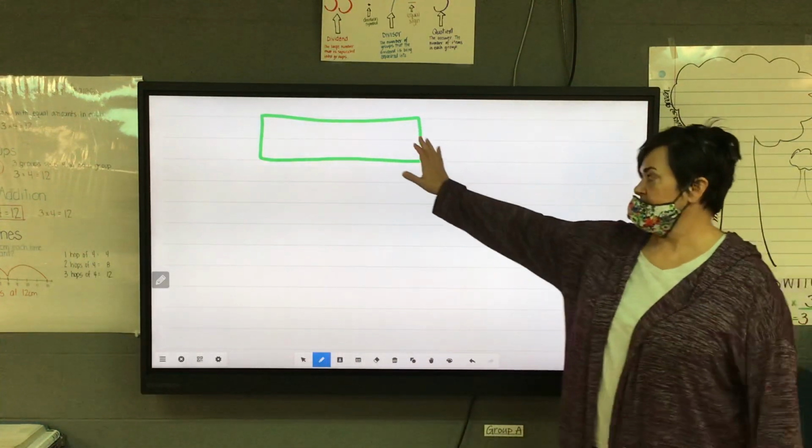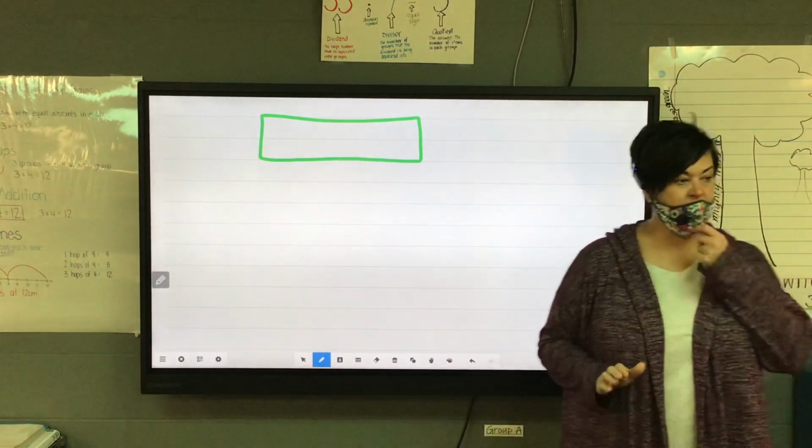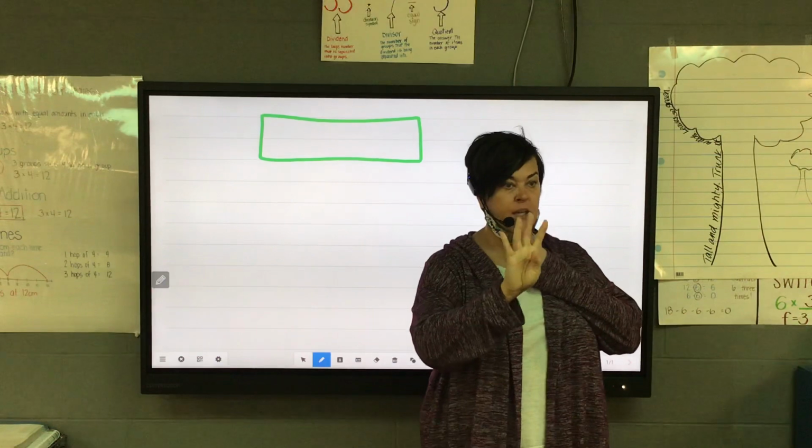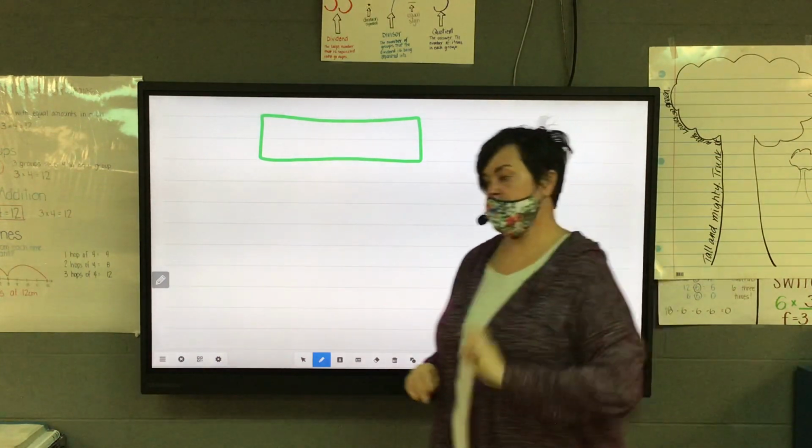Your rectangle is going to have 4 equal parts in it. How many? 4 equal parts.